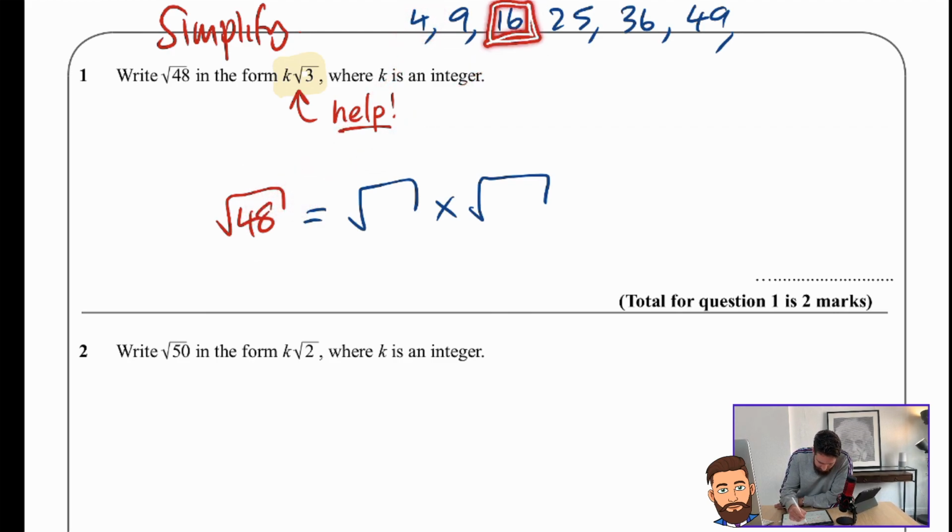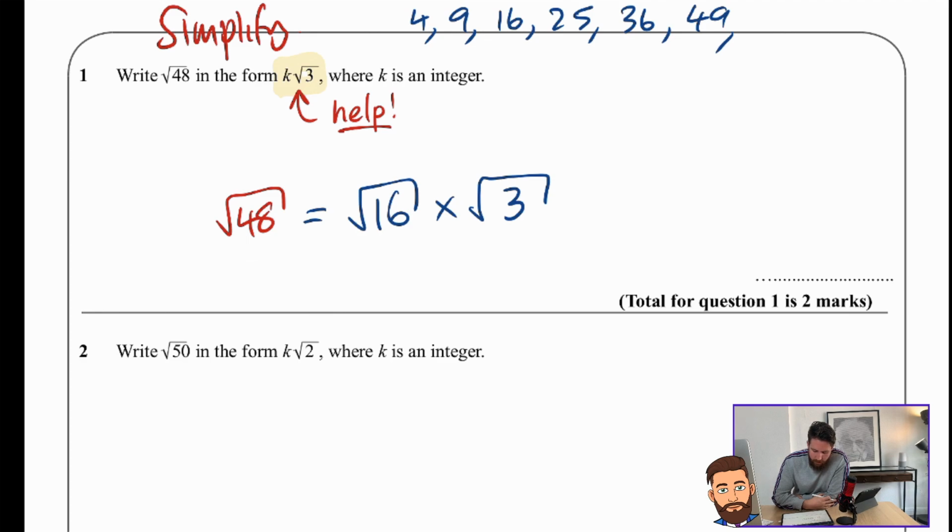You might not know that 16 goes into 48, so you might have to think a little bit and just double check all of your square numbers, but 16 does go into 48, so I'm going to say 16, because remember, one of them has to be a square one. And I'm thinking to myself now, right, what do I times 16 by to get 48? Well, 3. I'm going to times it by 3.